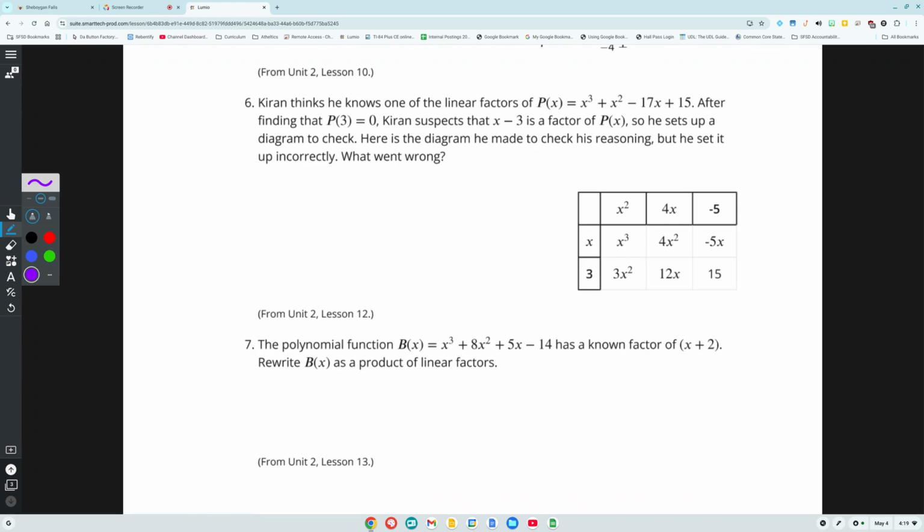If we're trying to be dividing out x minus 3, this actually needs to be a negative 3. So he missed the negative sign in front of the 3. And then in return, everything else kind of gets messed up. So that was really his primary mistake.